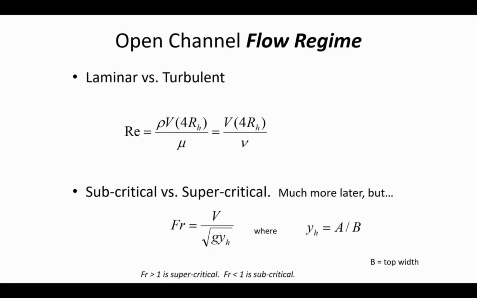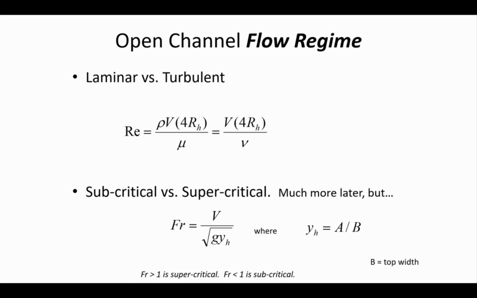All right, now earlier I got a question about if you take a channel and choke it down to make it narrower, does it get deeper or does it get shallower? And I said it depends on whether the flow condition is critical, subcritical, or supercritical. We're going to go into a lot more details later, but because one of your homework problems just asks you to classify the flow regime, what that means is calculate the Froude number.